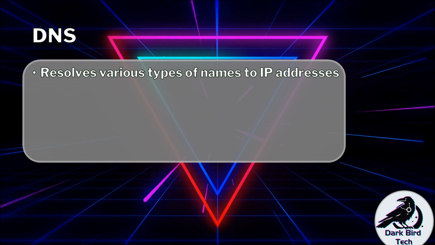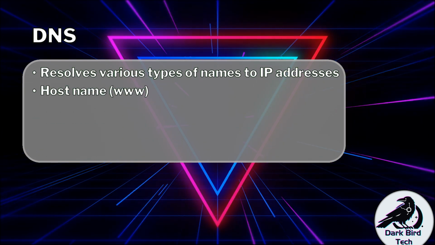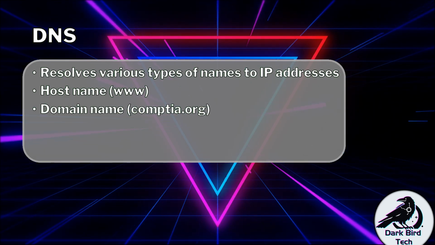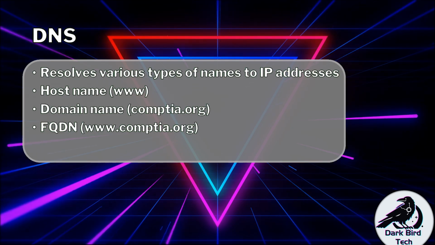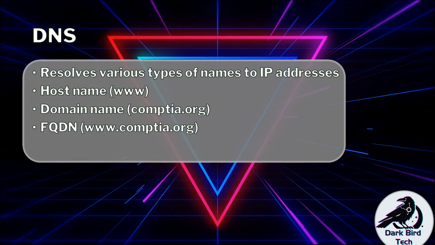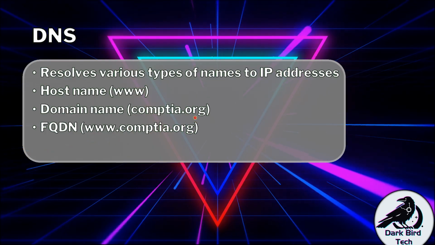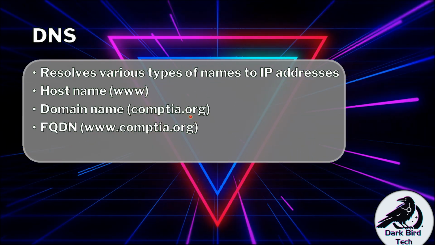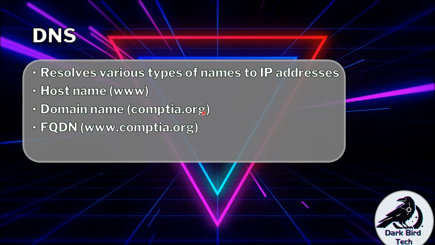Now, DNS can resolve various parts of a name, such as the host name or the domain name. And if we combine host name and domain names together, we've got something called the fully qualified domain name. So let's dissect this. CompTIA.org is a domain name, and any server or client within that organization that's internet or publicly facing will usually have that as its domain name.